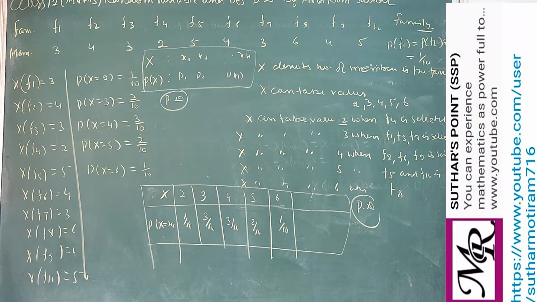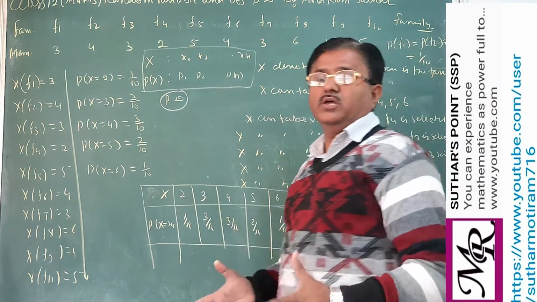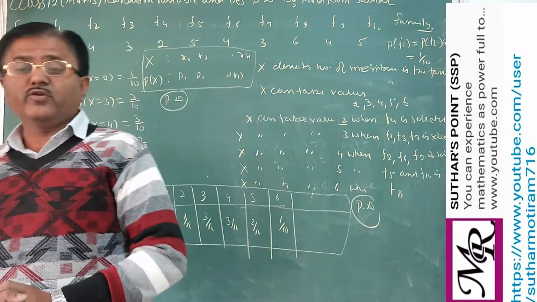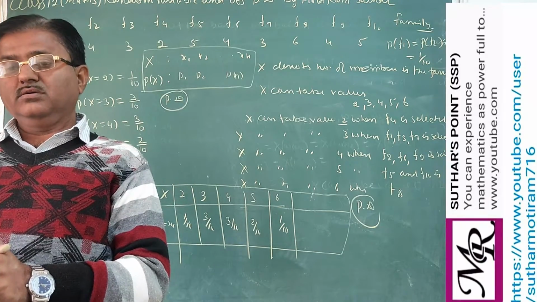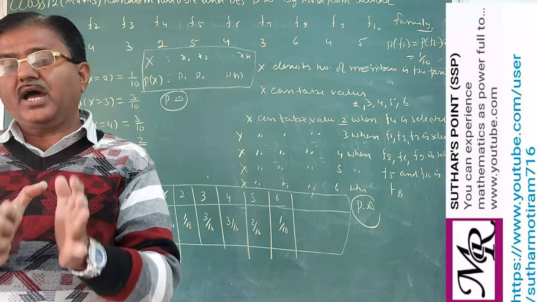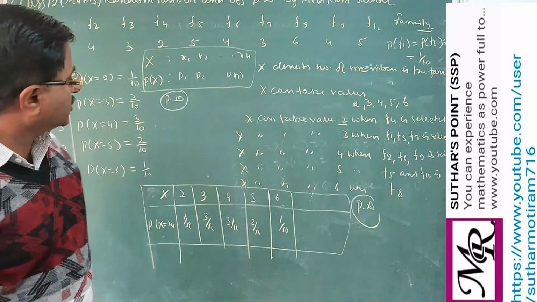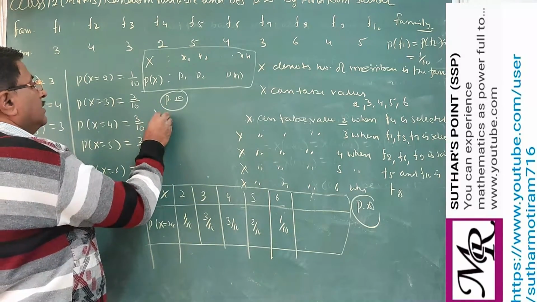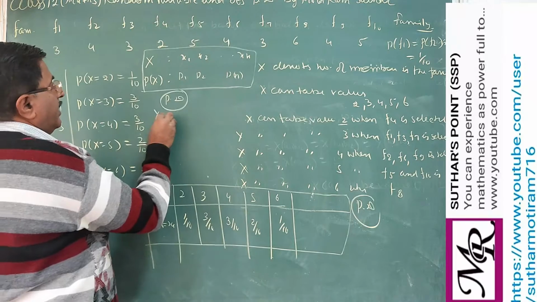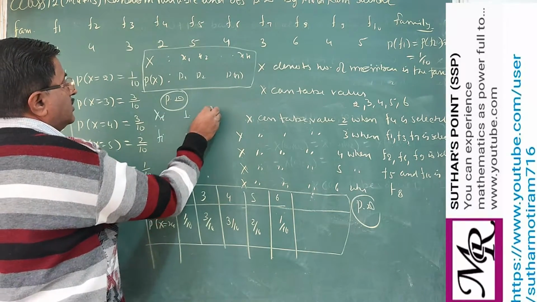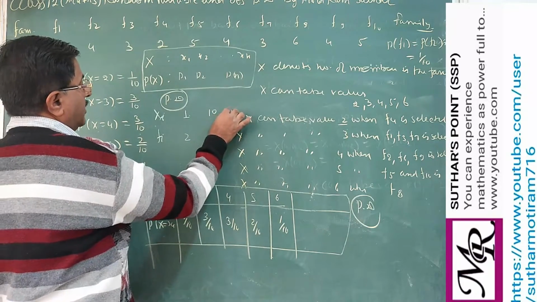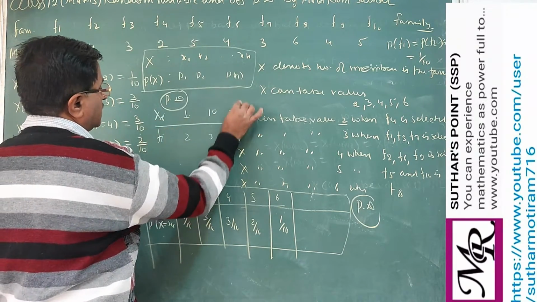As in the previous class, dear student, you have already seen the frequency distribution, where the data xi and the corresponding frequency fi are given. If xi is 1, then the corresponding frequency is 2 or 23, like this.